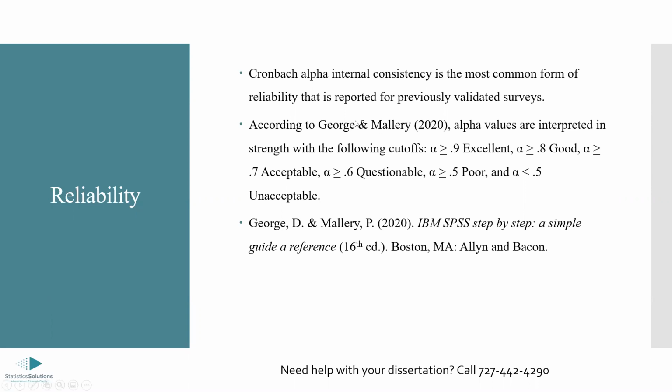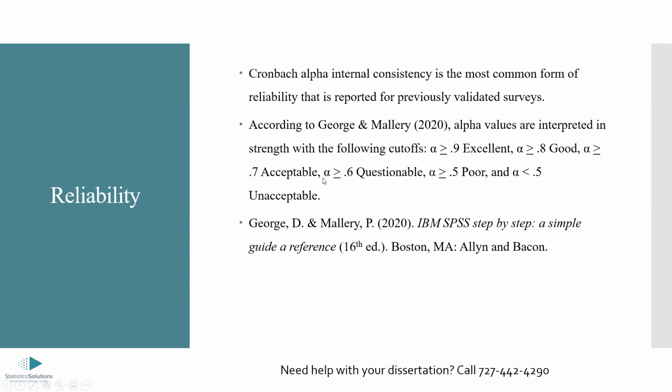So I provided a citation here that tells you anything above a 0.7 is in the acceptable range for reliability. If you get lower than that, it's questionable, poor, and unacceptable. And that's where you might have to make modifications to the survey, or you might have forgotten to reverse code items in your survey.